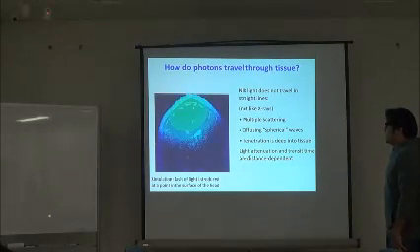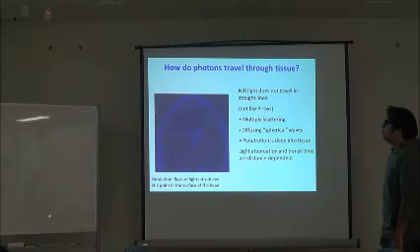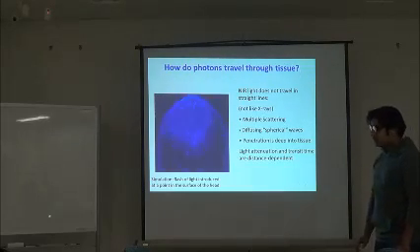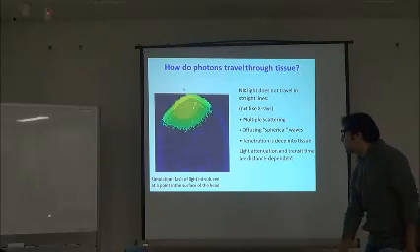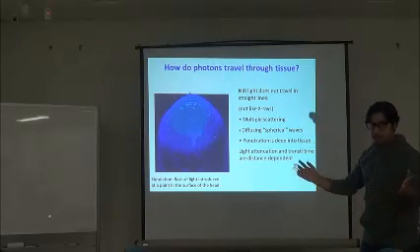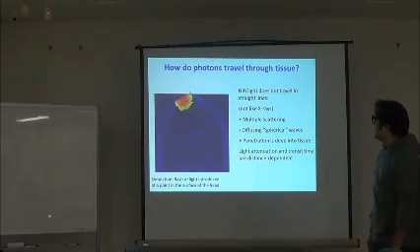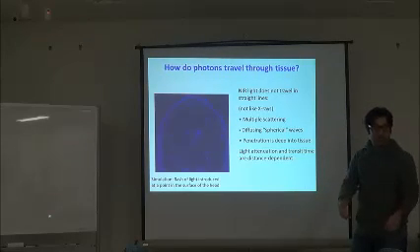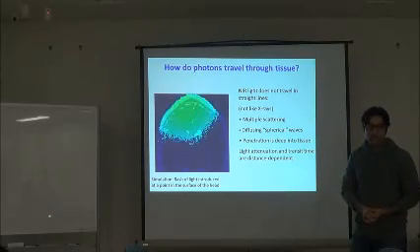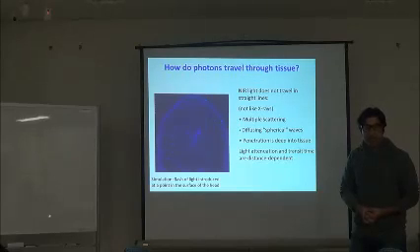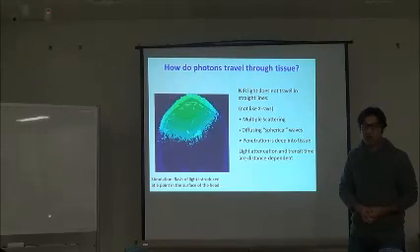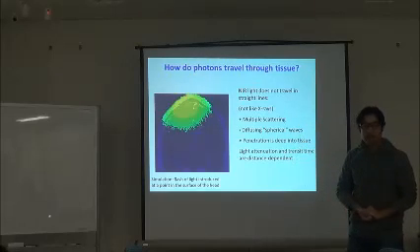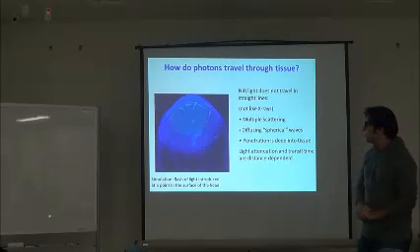Well, this animation will tell you how the photons travel through the tissues. If we incident a photon in this area, it totally scatters. Unlike the X-rays, which travel usually straight, not exactly straight, but the X-rays also have some scattering, that scattering is quite low compared to the near-infrared light scattering in the tissues.